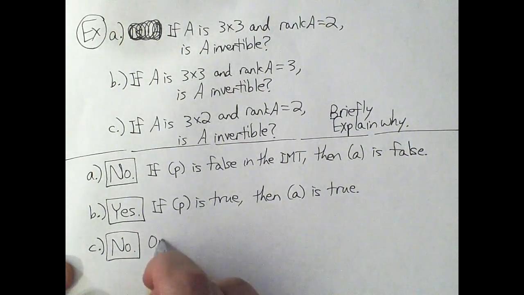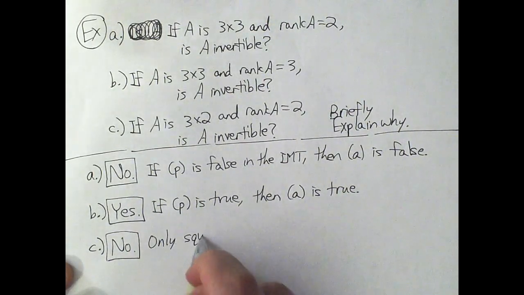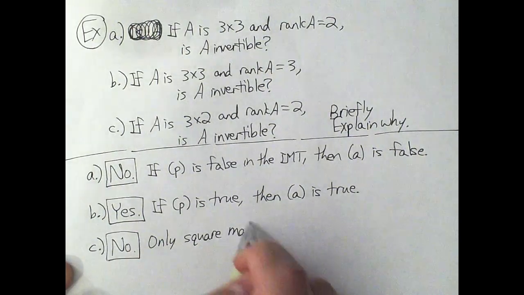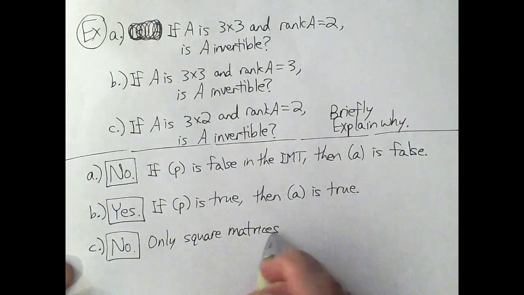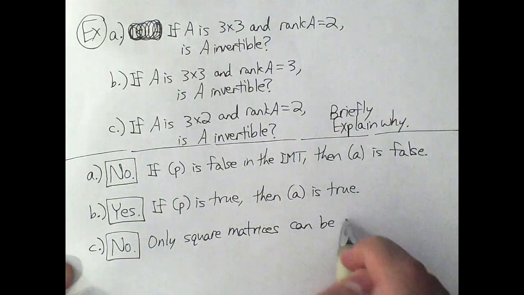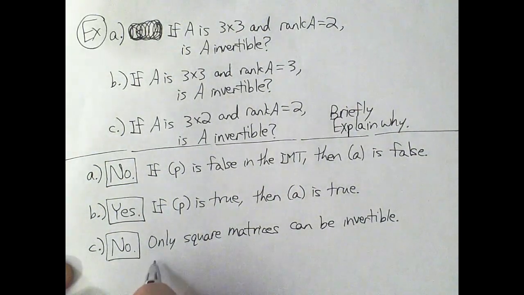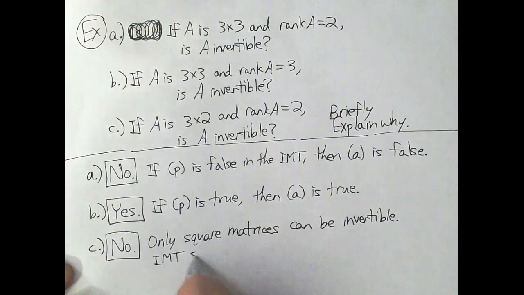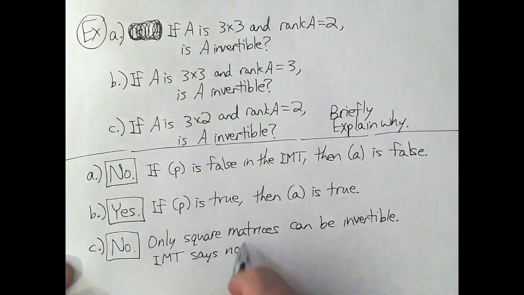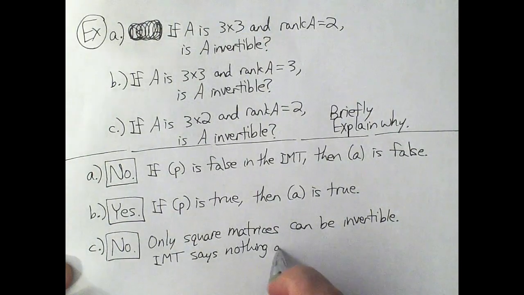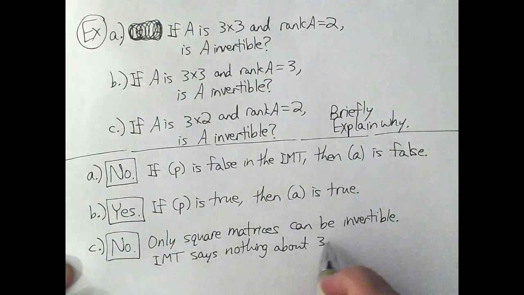My reasoning for that is only square matrices can be invertible. The IMT says nothing about 3 by 2 cases.